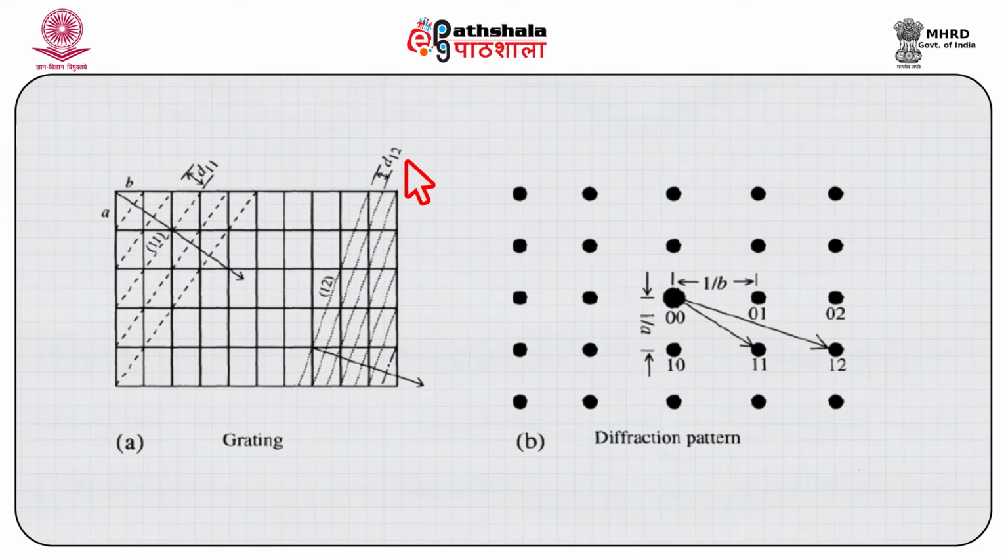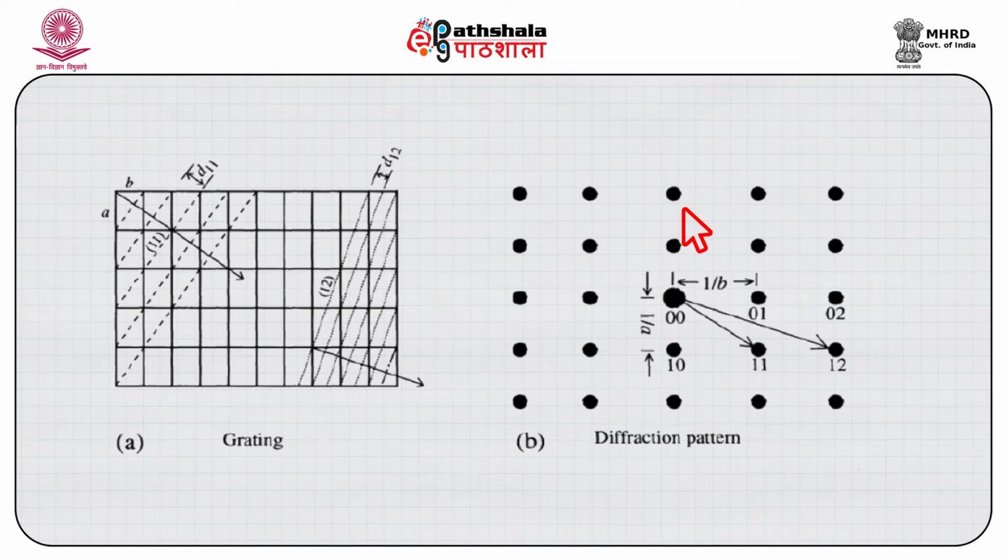Now, each spot in the diffraction pattern refers to a particular periodicity in the object. The object periodicities are D11 and D12. The length of the vector from the origin to any spot in the diffraction pattern is reciprocal to the object spacing to which it refers.